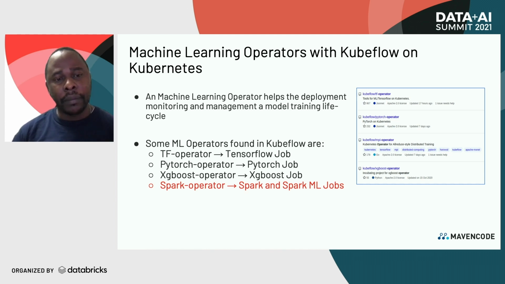You can manage the life cycle of a particular deployment by monitoring things and making sure things are deployed successfully. There are different kinds of operators on Kubeflow: TensorFlow, PyTorch, XGBoost, and the Spark operator, of course, which is gaining a lot of leverage right now, and it gets bundled with the Kubeflow deployment.